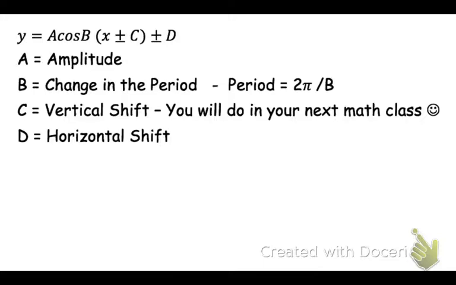The B helps me determine my period. There we see the period equals 2 pi over b. We're seeing it again, so it must be important. C is my phase shift. And again, we'll do that in pre-calculus. And then D, outside of the parenthesis, that's my vertical shift, or my up and down.